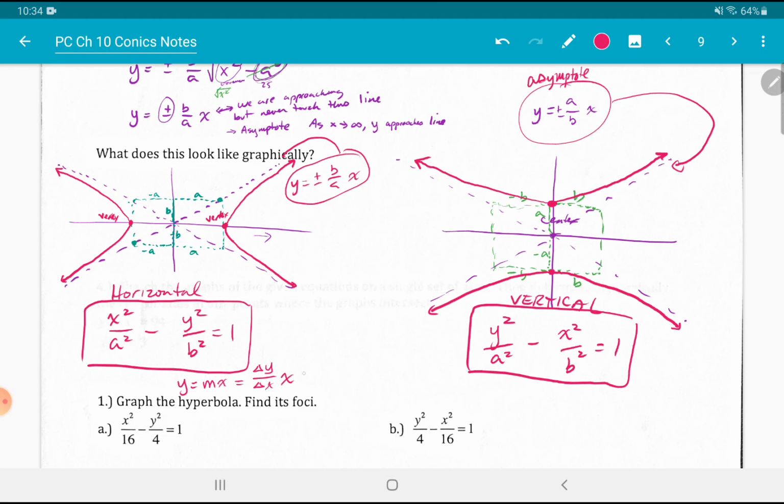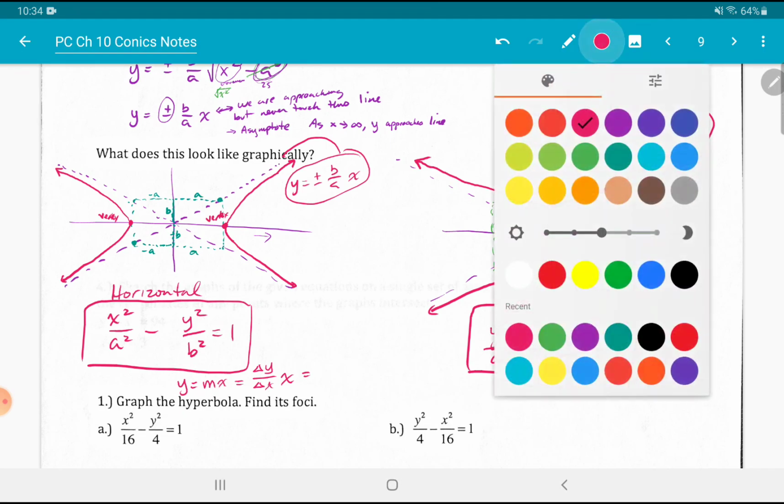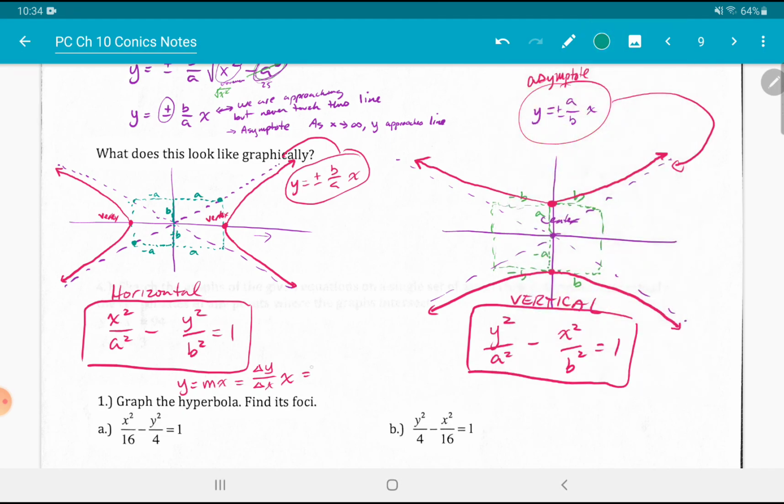So if it's change in y over change in x, in this case, what you see on the equation is that the y value has this number associated with it. So that's going to be like the b. And then the run has the x value attached to it, and so the x value attached to it is going to be the a.